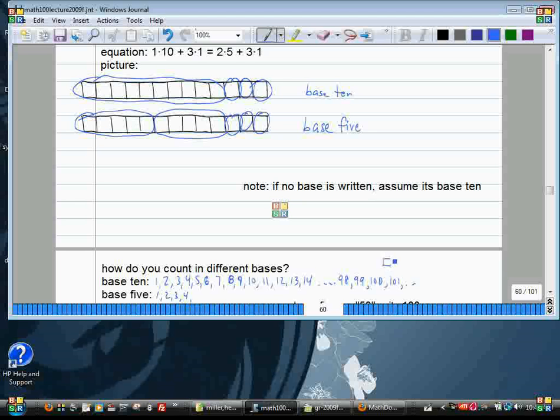So 1 block is 1, 2 blocks is 2, 3 blocks is 3, 4 blocks is 4. What happens when we have that many blocks? We have a group. And how do you write this in base 5? 1, 0. So this is the number 10 in base 5.